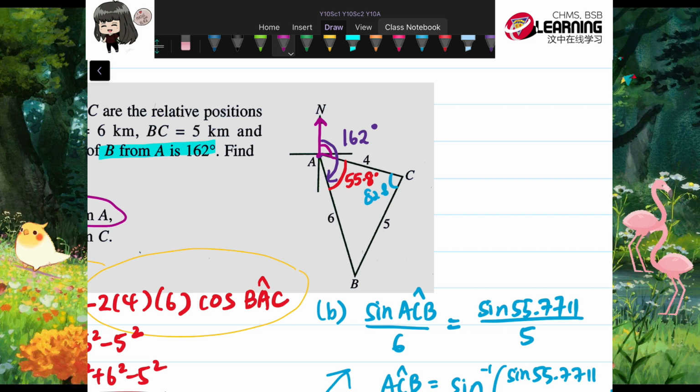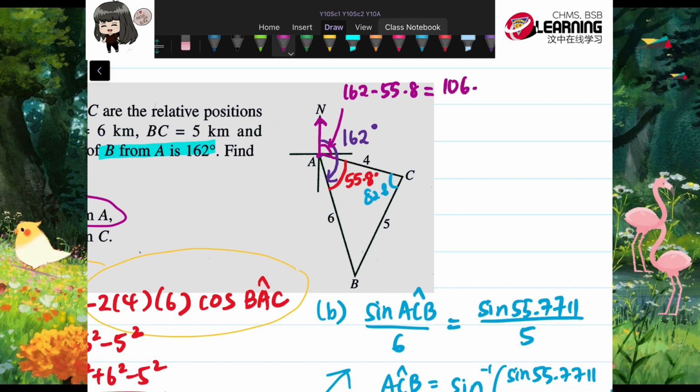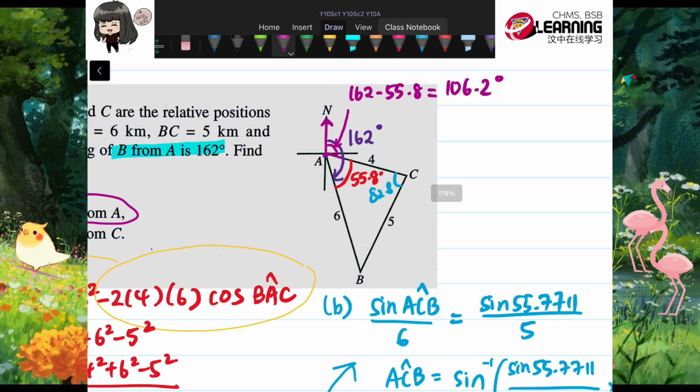We know that this whole thing here is 162. I will minus the 55.8, then I get this. So I use 162 minus 55.8, then I get 106.2 degrees. So this is the bearing.